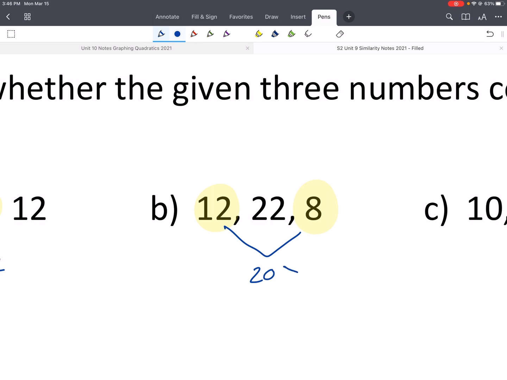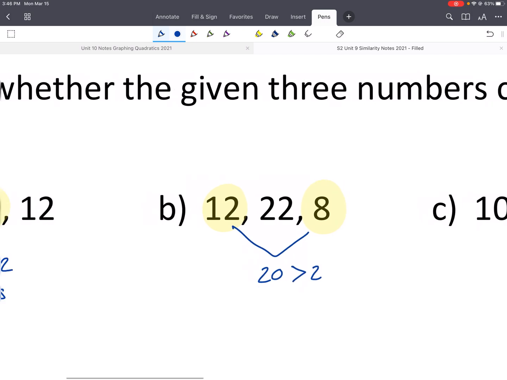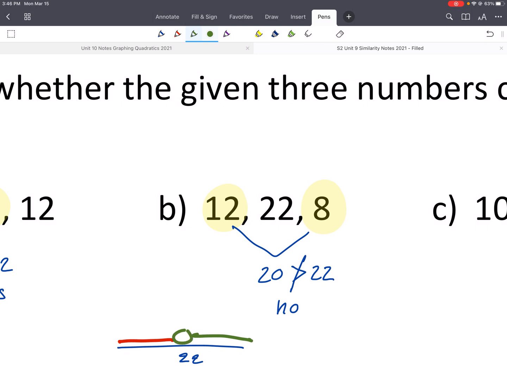Is 20 greater than 22? No. So it cannot make a triangle. It would look something like this if we had the 22. We would have the 14 here, and we would have the 8 like this, and there would be this gap where we wouldn't even be able to have them touch.